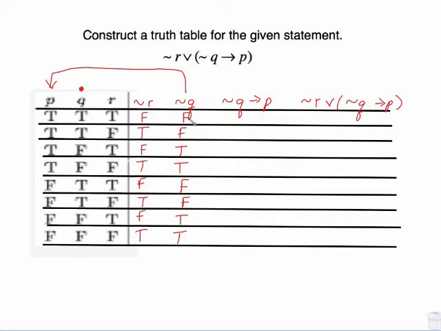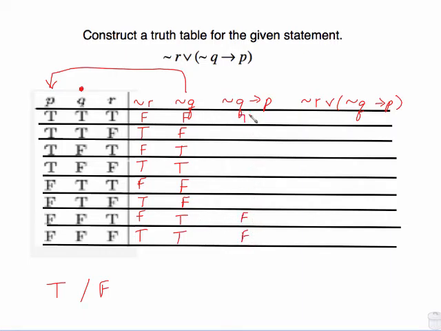So if not Q, then P. A conditional is false only if you have a true premise and a false conclusion. So I need to find any place I have a T in this column and an F in this column, which there's a T followed by T, T followed by T. Those are fine to begin with, but these last two are T followed by F, T followed by F. Those are both going to be false.